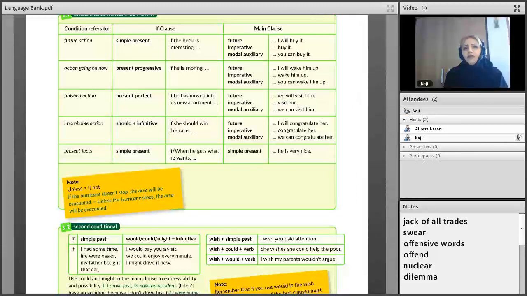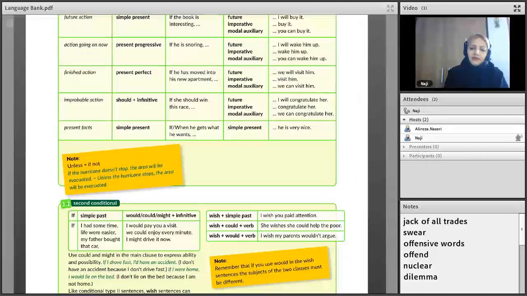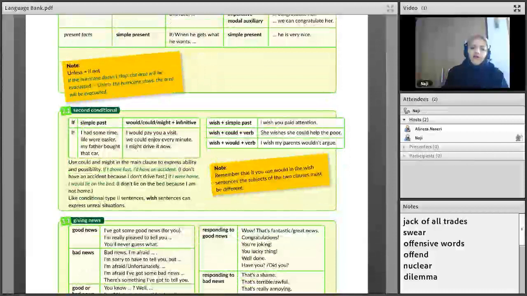If you go to the party, you may see her. These are auxiliaries, so there is a possibility of happening.